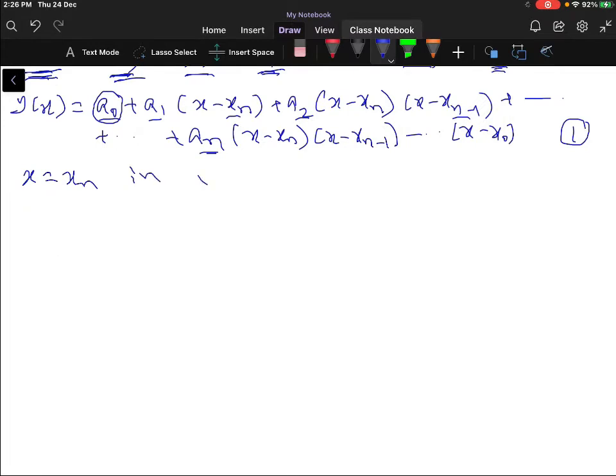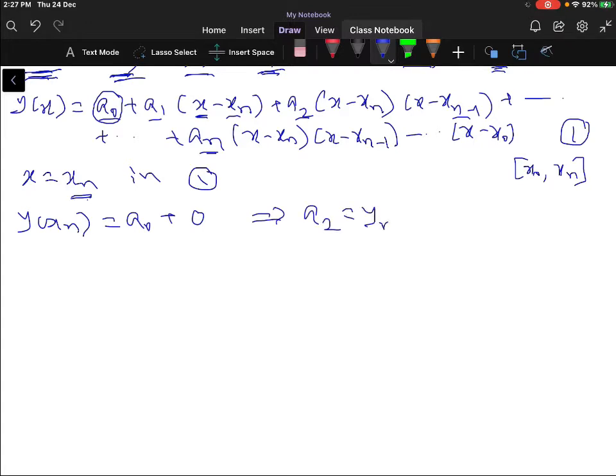So now to find a0, you take x is equal to xn in equation 1, where xn is the end point of the interval x0 to xn. Taking x equal to xn in equation 1, we get y of xn is equal to a0 plus 0, since when x equal to xn, x minus xn is 0. Similarly, the other terms are also 0 here.